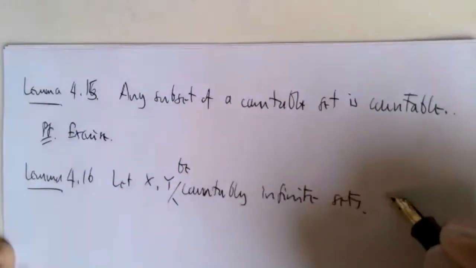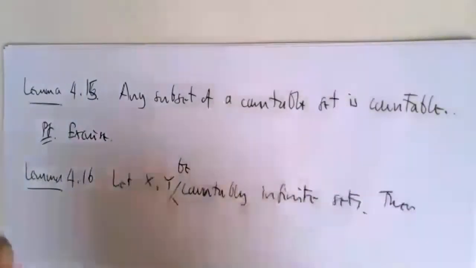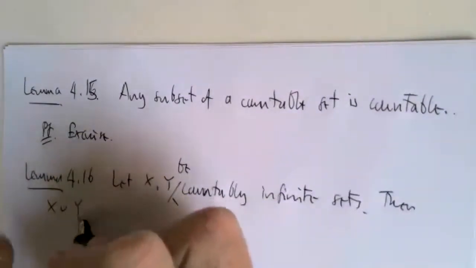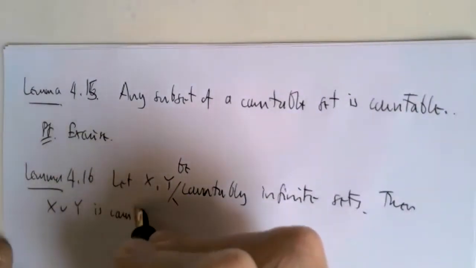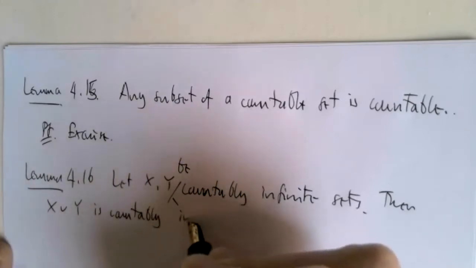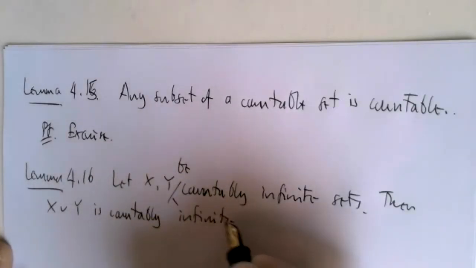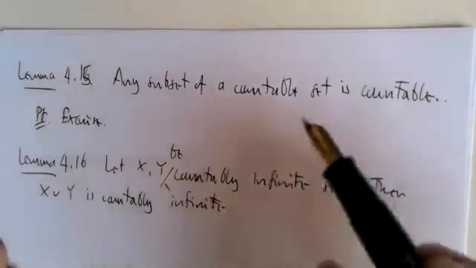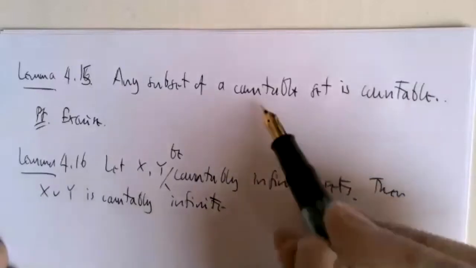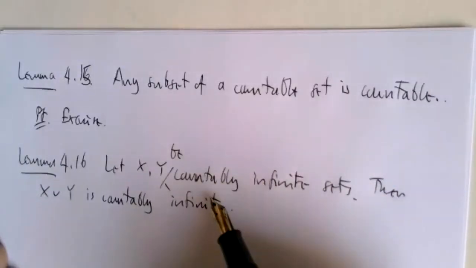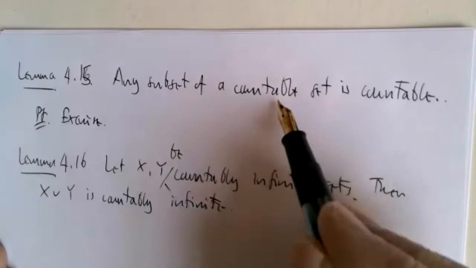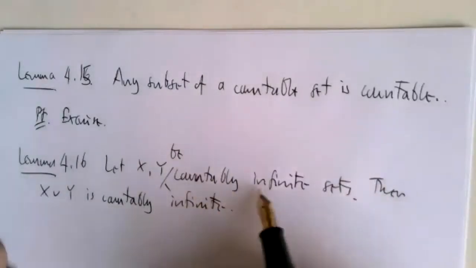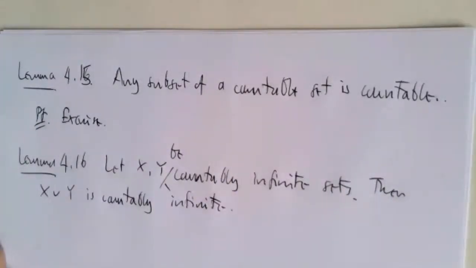Show that their union is countably infinite. So again, remember, get in your heads the distinction between countable and countably infinite. Here, countable can include finite, but this specifically, in the wording, ensures that you're talking about something that's infinite.